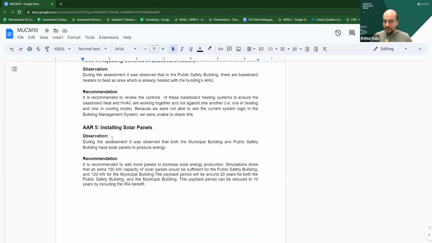And lastly, installing solar panels. Both buildings have solar panels now, but you can add more panels and increase your capacity.